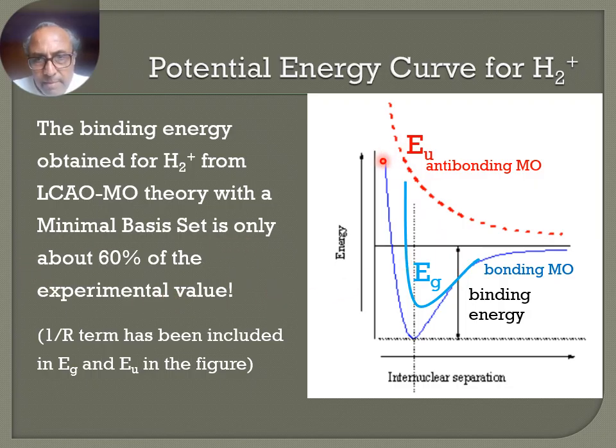This is the experimental potential energy curve. This is the potential energy curve we get with the bonding molecular orbital Eg, and this is the potential energy curve that we get with the antibonding molecular orbital. So we see that the Eg energy is only about 60% of the total binding energy.